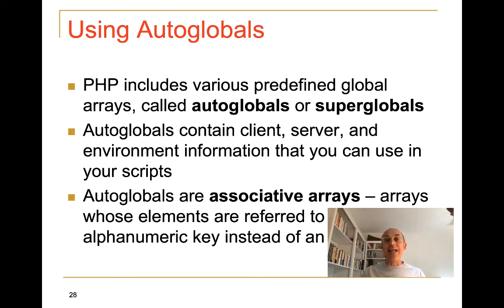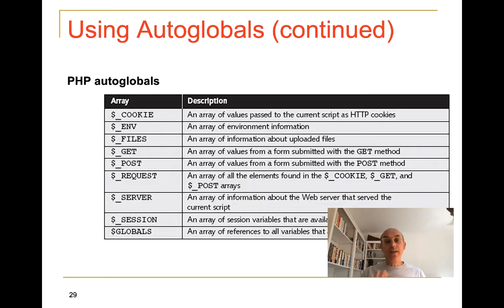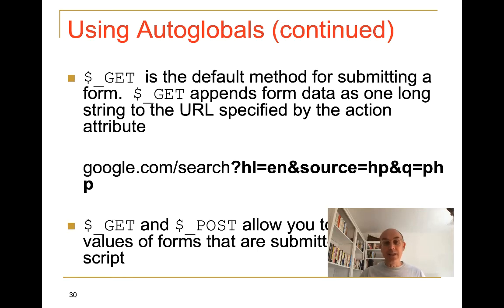The idea is that they contain client, server, and environment information that can be used in your script. So it is an array whose elements are referred to with key components instead of an index number. So in this case, autoglobals include cookie, environment, files, get, post, as we learned in the form, request, server, and sessions.